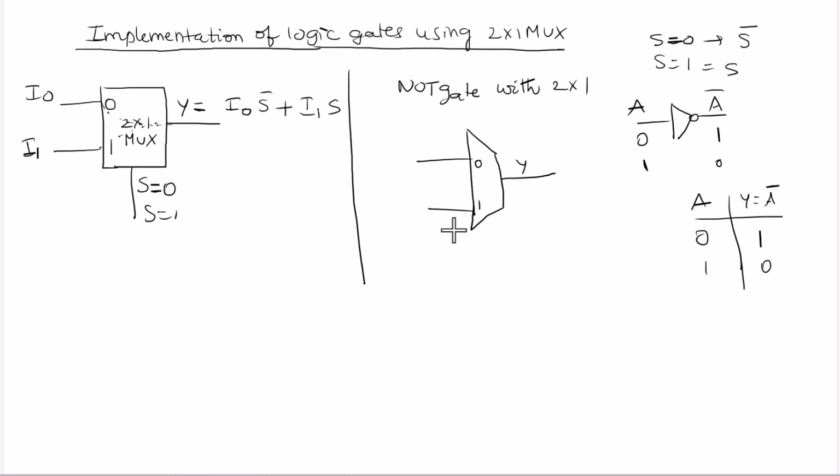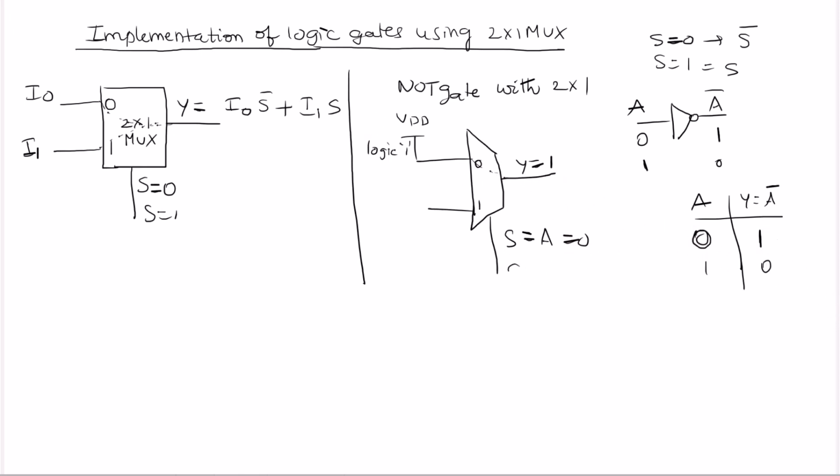So the selection line S is equal to A. If S is equal to A is equal to 0, then 1 will come here. The 1 coming here depends on the input we give: a VDD, or logic 1, so 1 comes directly here. If A is equal to 0, 1 directly comes to the output.